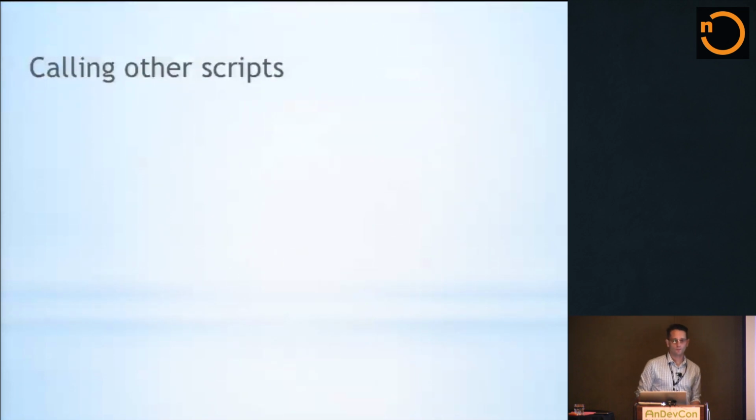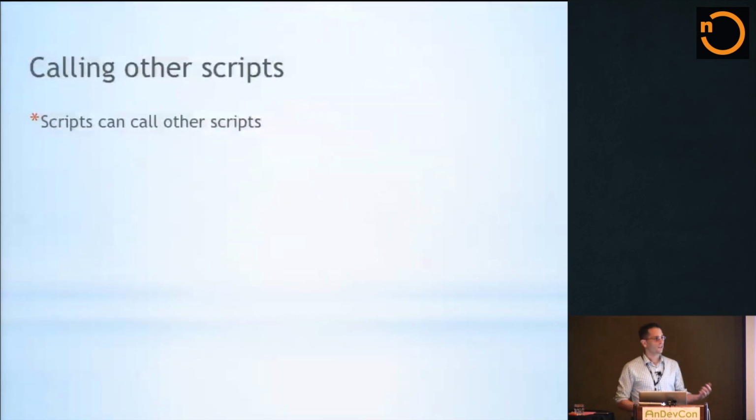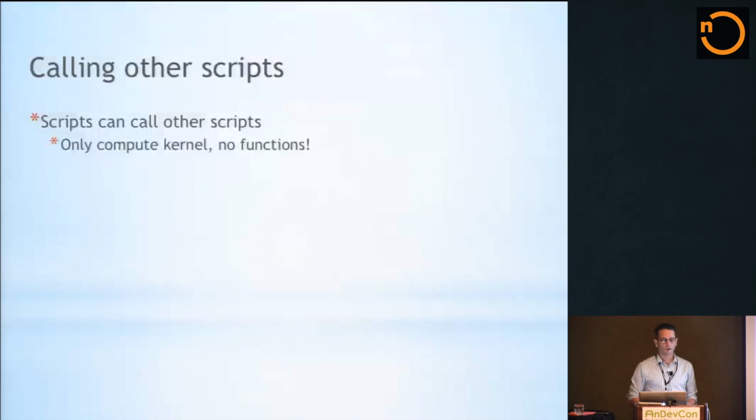So, calling other scripts. Scripts can call other scripts, as I mentioned before, but you can only call the compute function, the compute kernel, within another script. Back on my previous slide where I had my add data function, I couldn't call that from within another RenderScript. You can only call the root or kernel functions.